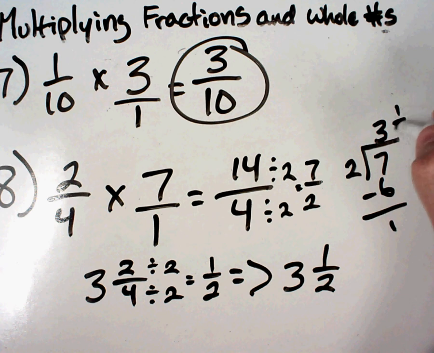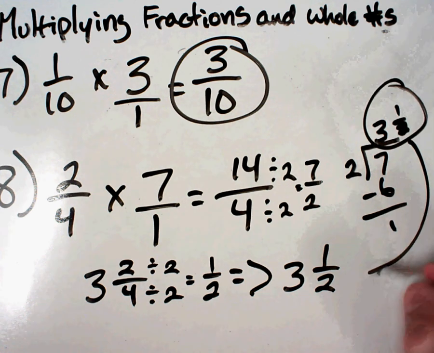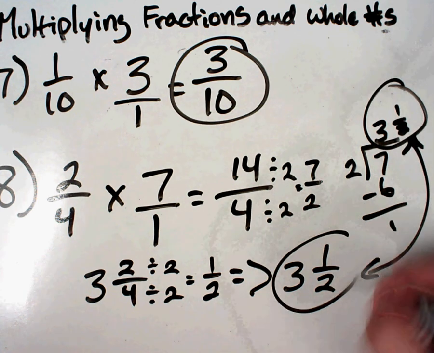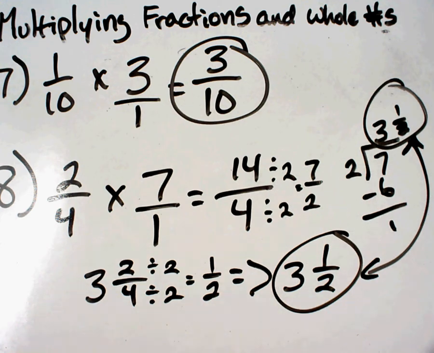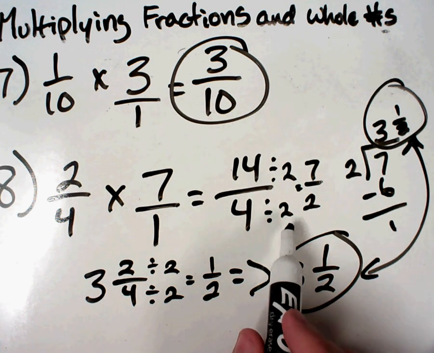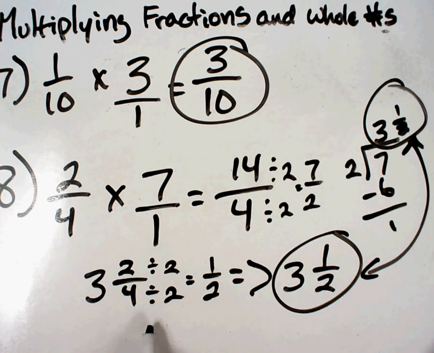And so my remainder is 1/2. And so what I'm going to find here is it actually didn't matter when I reduced. It didn't matter when I simplified. Either way, I'm going to get the same answer, whether I simplified before I divided or simplified after I divided.